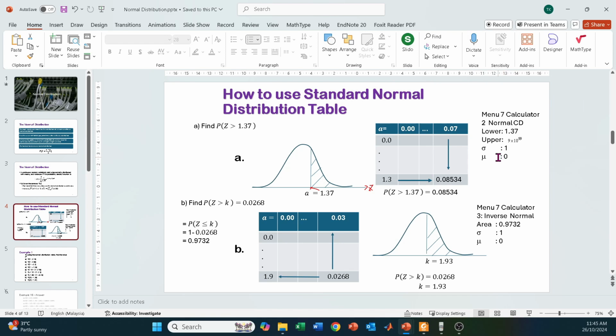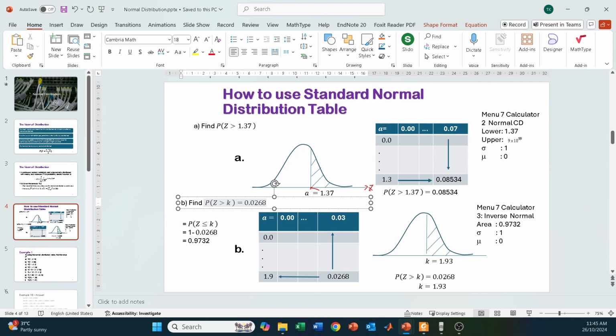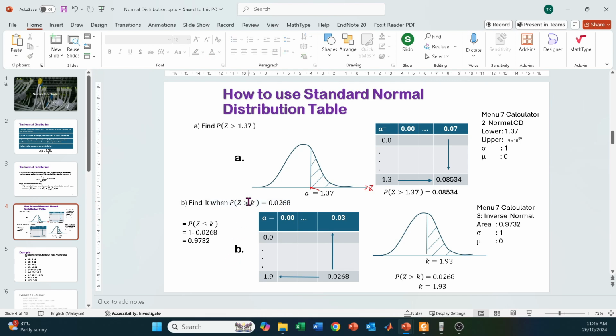And then part B: if you want to find K. The question is to find the value of K when the probability of Z greater than K equals 0.0268.